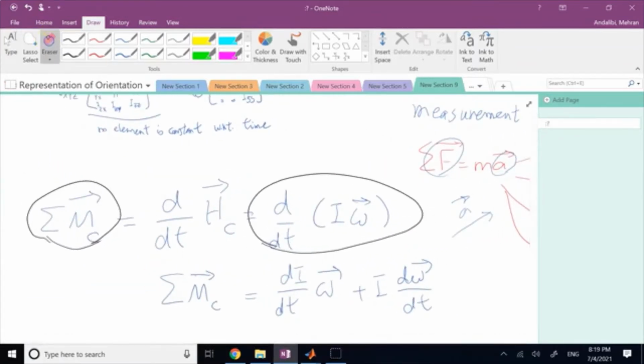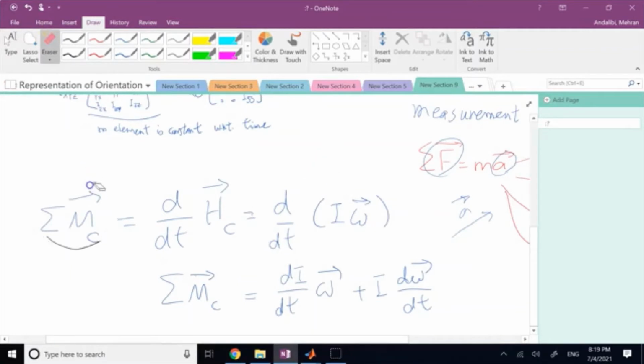And the important thing is this. When you have an equation like this, which is always valid, and you're writing it along a coordinate frame, everything in that equation should be written along the same axis. So when I'm writing this moment about the small frame x, y, z, then I should also be written along small x, y, z, and omega should also be written along small x, y, z.